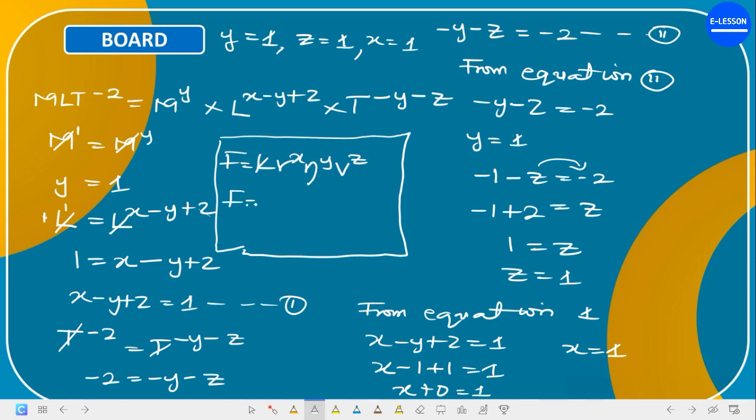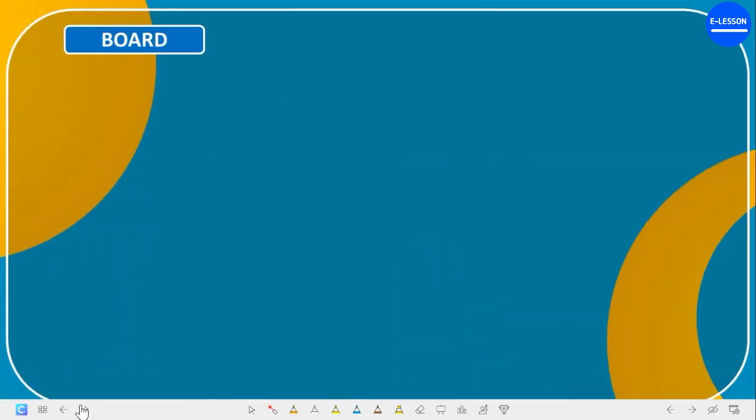So substituting in, what are we going to have? k r raised to the power of 1, this raised to the power of 1, and v to the power of 1. And then f will be k arrow this and v. And this will be the final answer to this question.